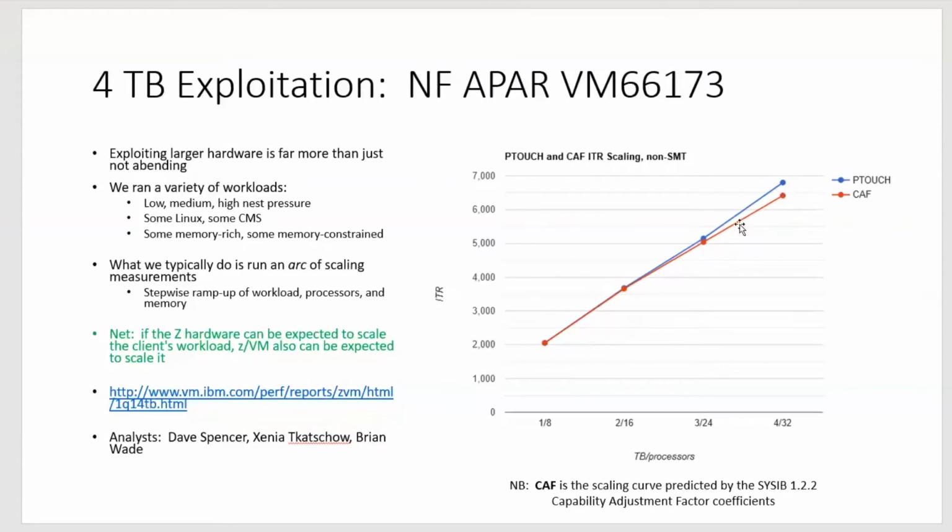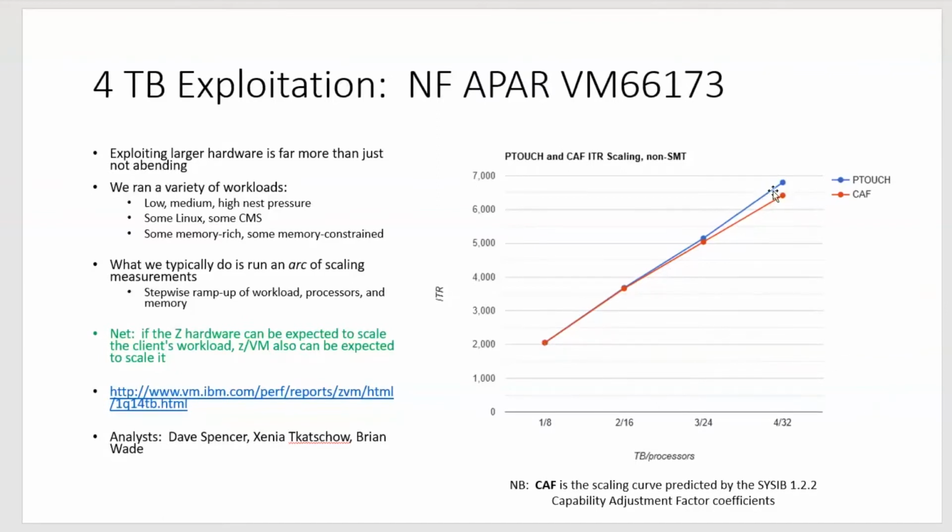One of the ways we can evaluate whether z/VM scaled correctly is to compare our scaling curves to the CAF curves. Now, we won't always match. Sometimes we'll be a little better, as we were here in P-touch, and sometimes we'll be a little worse. But the point is that we want to make sure that we don't have any really bad problems. For example, we get a little bigger and then the curve really rolls off like this. That would be an example of failure to scale.